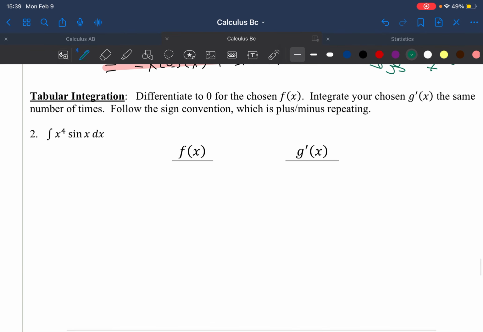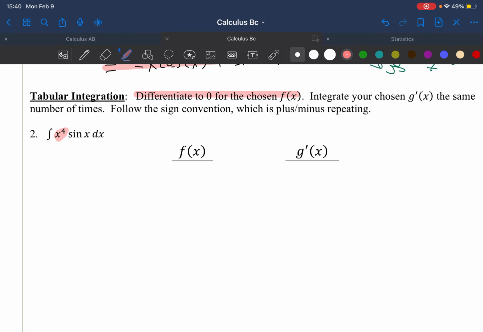So it says differentiate to 0 for the chosen f of x, and then integrate your chosen g prime of x the same number of times. Follow the sign convention, which is plus minus repeating. So important information here. We are going to take the derivative until we reach 0. Okay, so notice that is my f, so x to the 4th.